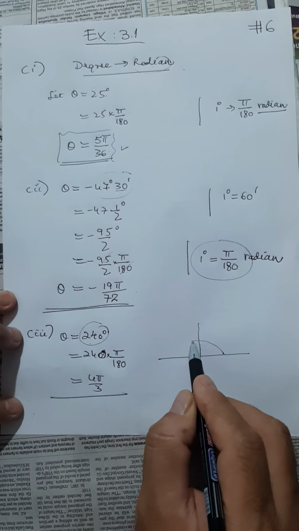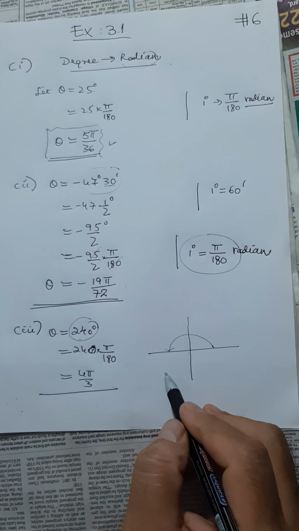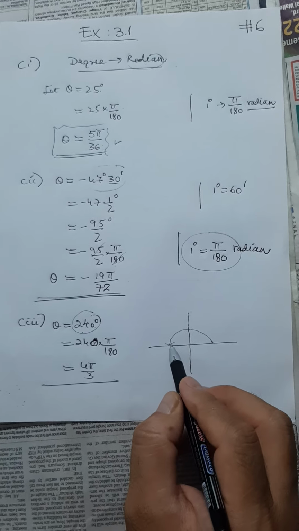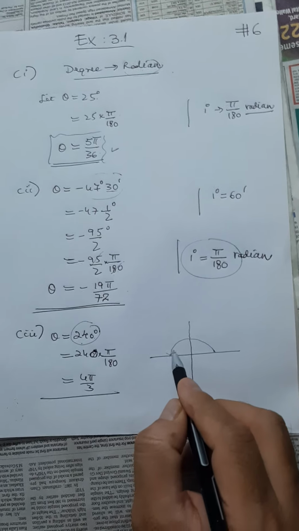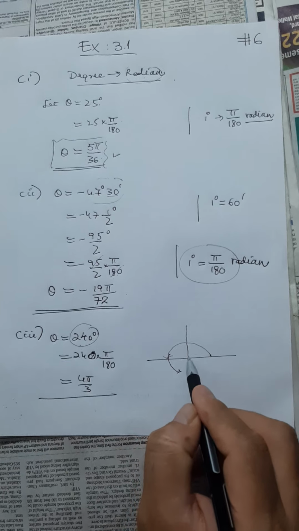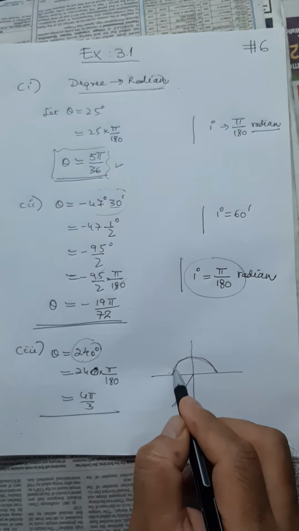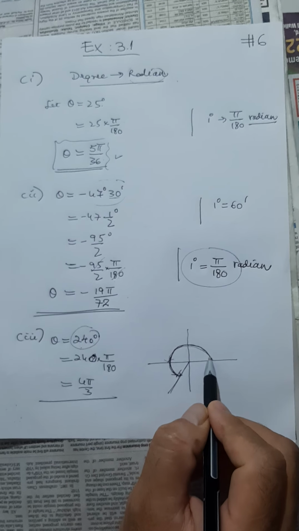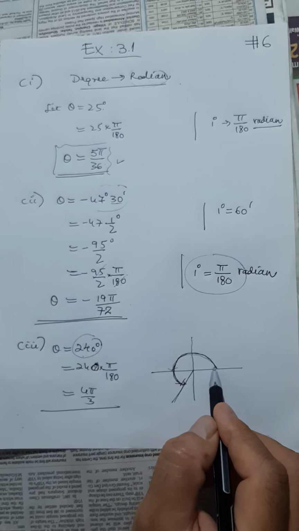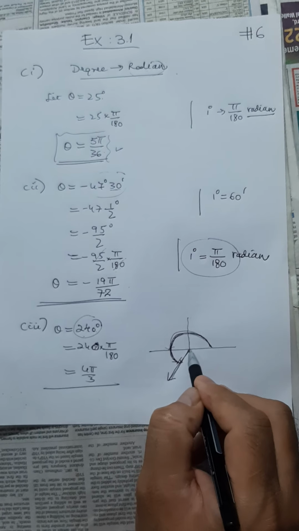So over here, this 180 plus 60, so it would be somewhere here like this much. This measure is positive, so it is in anti-clockwise direction, this much up to this ray.